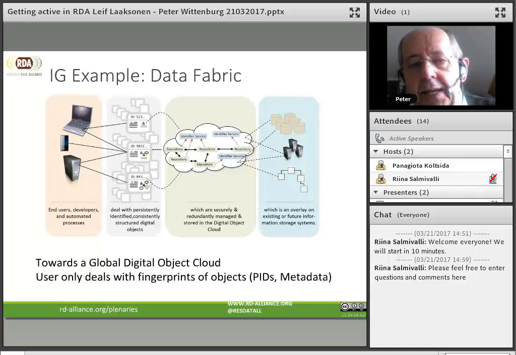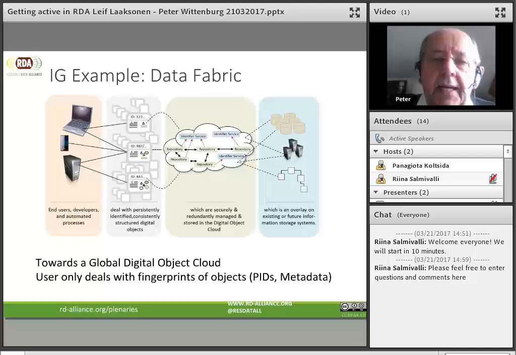So the gray area, the second left block, is in fact the area where the users would like to work. It's the area where people deal with logical representations of the data.